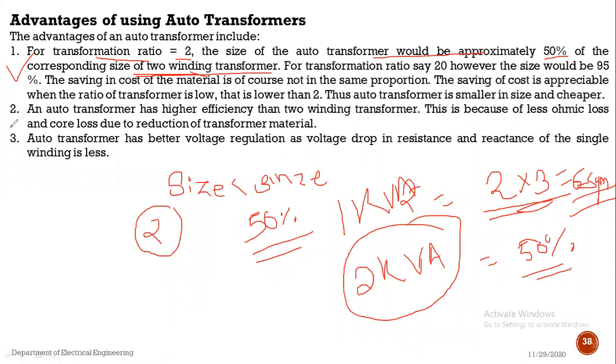Now for transformation ratio say 20, however, the size would be 95%. Now the saving in cost: see, if the size reduces there is a cost saving. If the size is reduced, will the cost reduce?